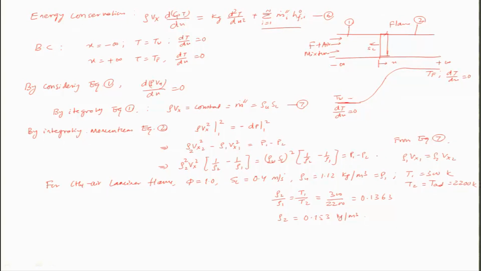Now, if I substitute the above values in equation 8, P1 minus P2 will be 1.12 into SL, 0.4, whole square, into 1 by 0.153 minus 1 by 1.12.